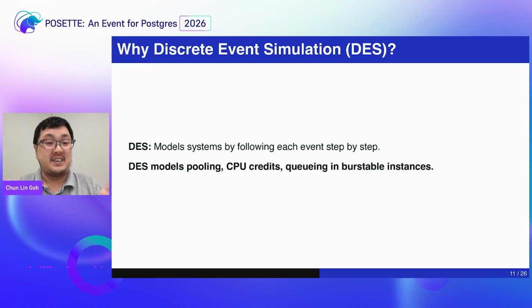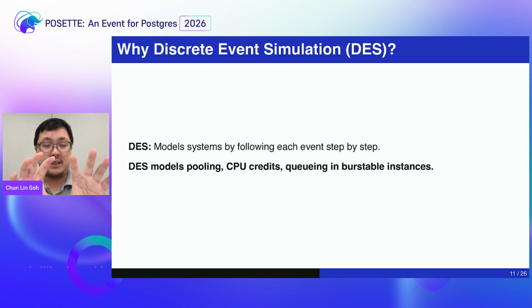That doesn't add anything to the movie, right? What you are interested in is the events, the fight, the key happenings. So discrete event simulation is the same. It only models the events at each particular time which are important to the simulation.